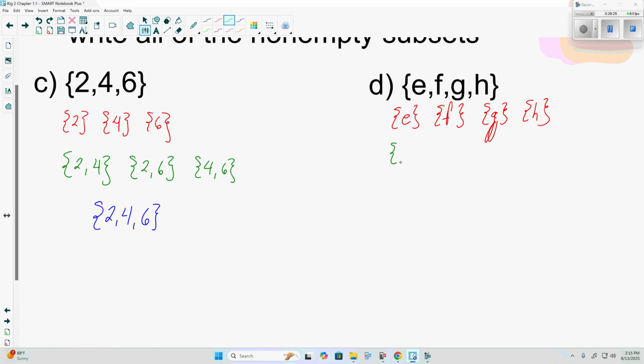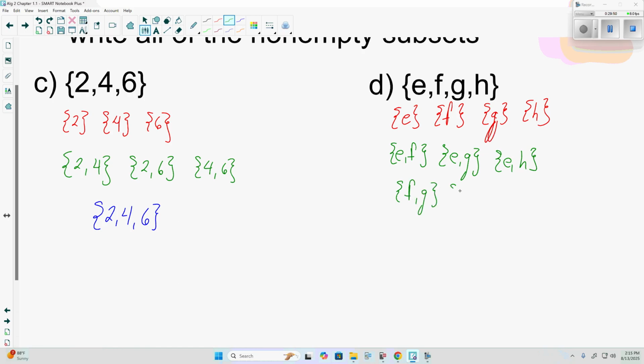But we could also have 2, yes? So what's the first one we could have? EF. Then we could have EG. And then EH. Is that all the 2 elements? No, we could also have what? FG.